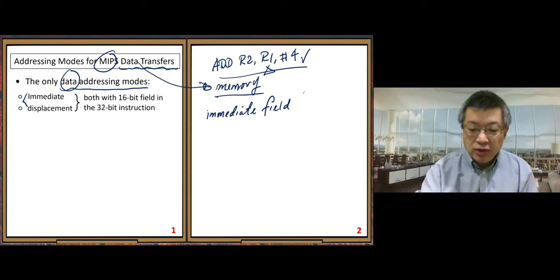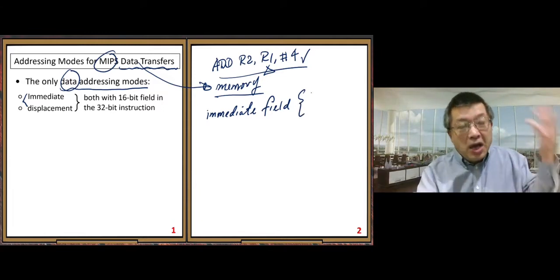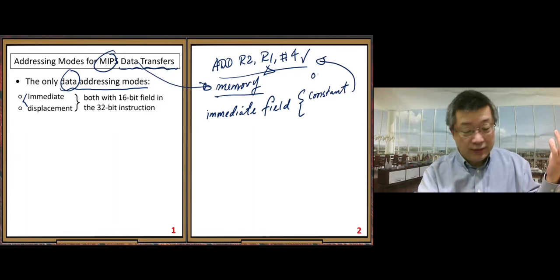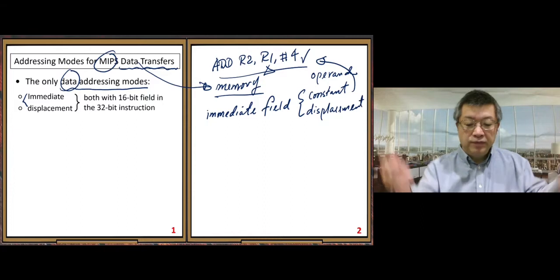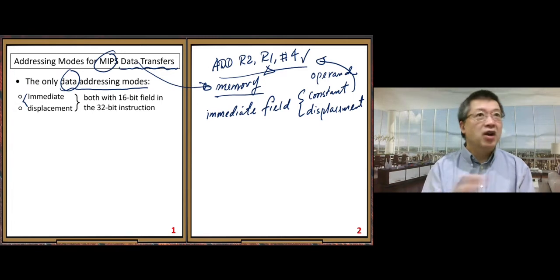So here I just try to separate 2 concepts. In the immediate field, you can store a constant operand, but you can also store a displacement. That is what we call the immediate field.